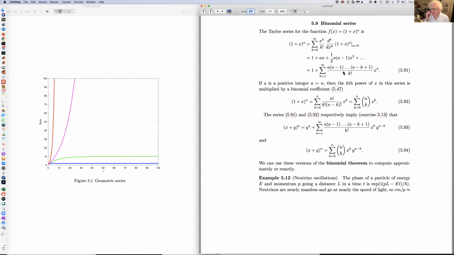I should know, but maybe I should think about that. So let me write that down. Anyway, if a is a positive integer, we get this, but on the other hand, for just real a or complex a, we get this complicated expression.